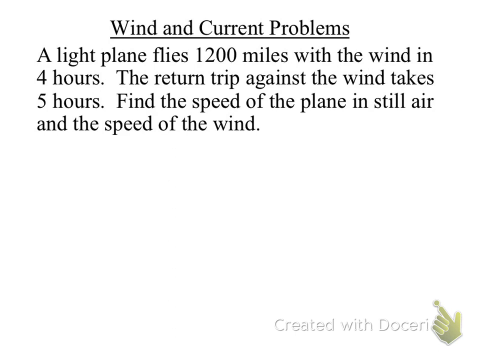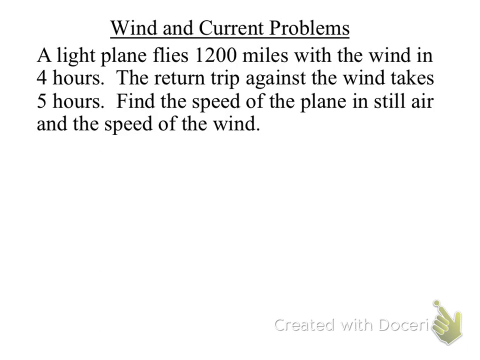If you have a tailwind, you're going faster. Versus if you turn around and you're going into the wind, what's the wind doing? It's pushing you back. It's slowing you down. A headwind slows you down. Okay? Tailwind, headwind. Got it?